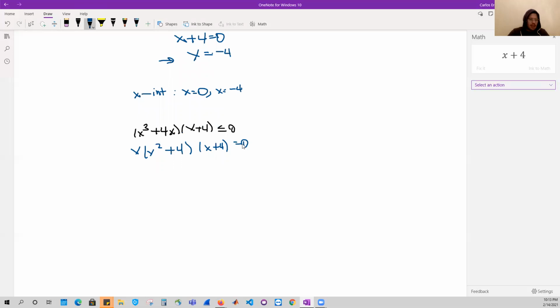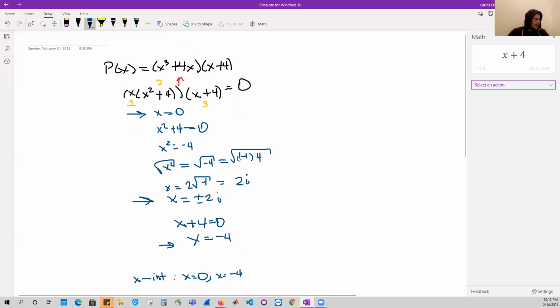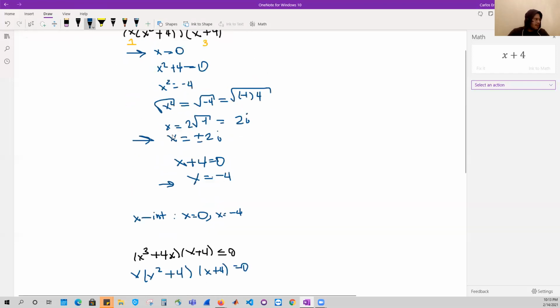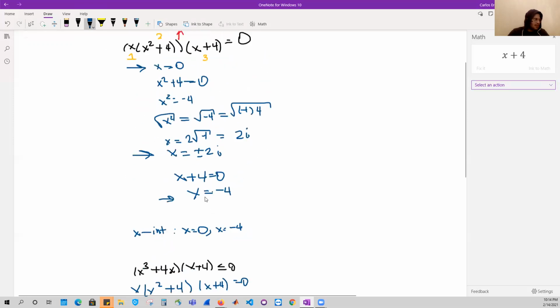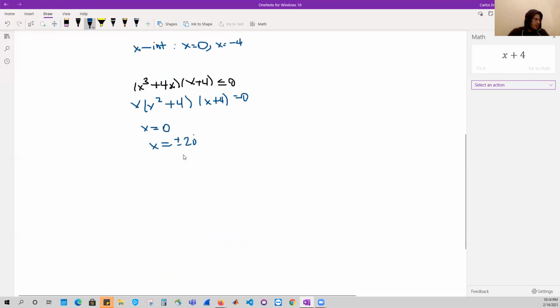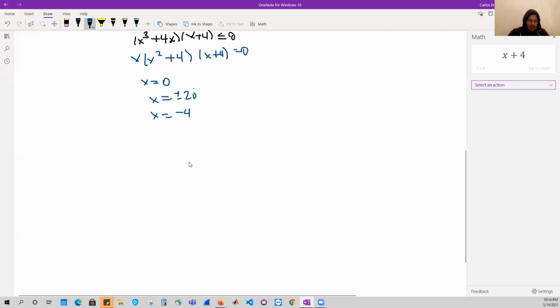And this means we have the same as before: x equals 0, x equals plus or minus 2i, because it's exactly the same as we did before, and x equals minus 4.